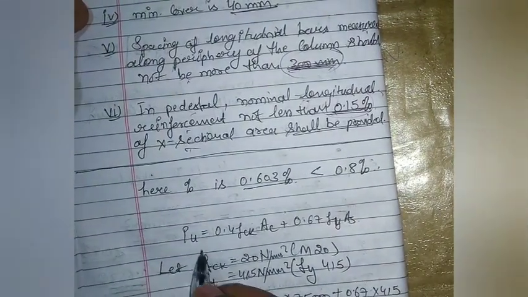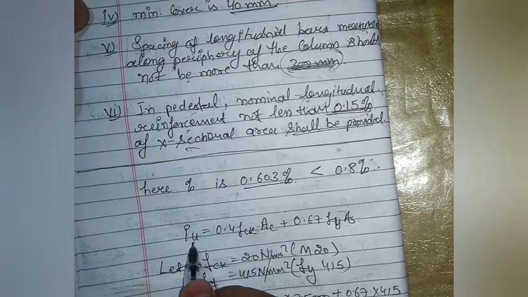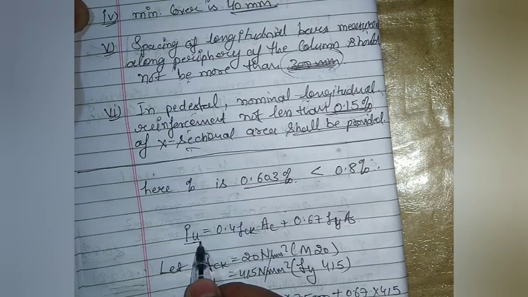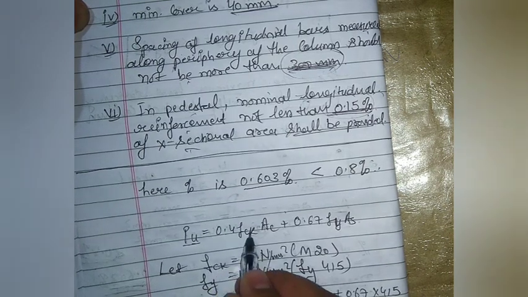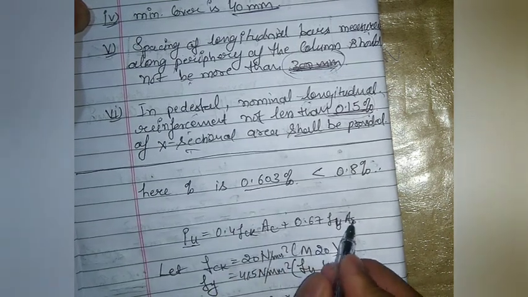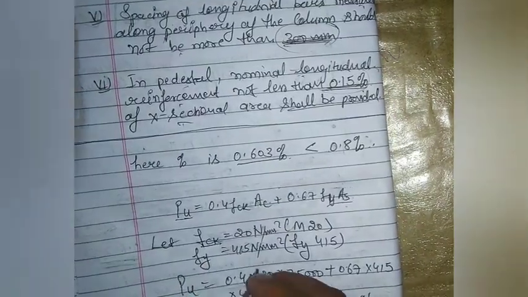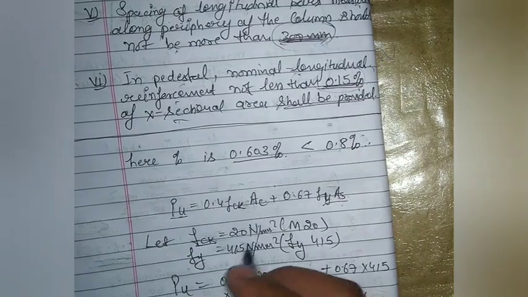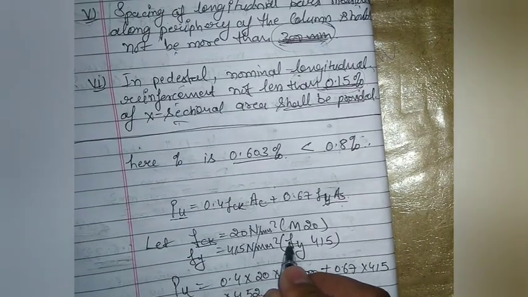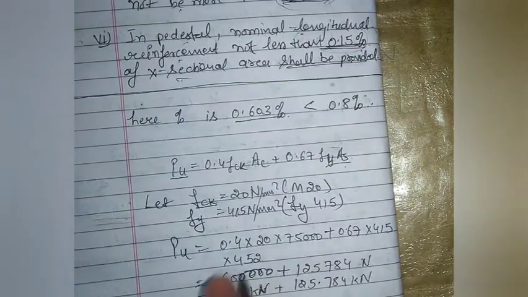Now let us find the load value. The load value is 0.4 fck Ac plus 0.67 fy As. We'll use the formula and put the values, taking fck as 20 and fy as 415 N/mm². We can calculate the value of Pu.